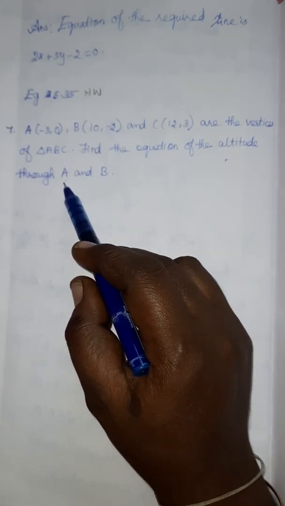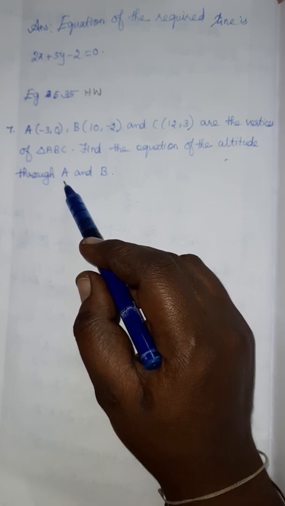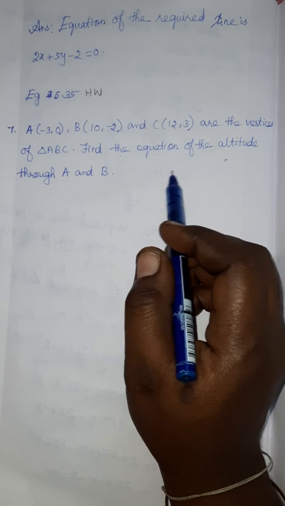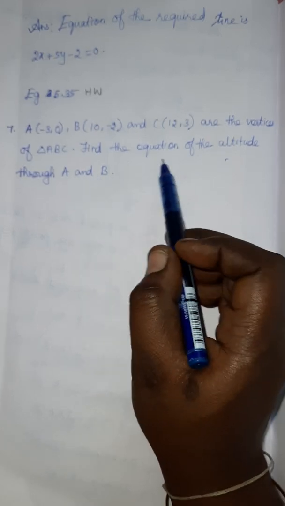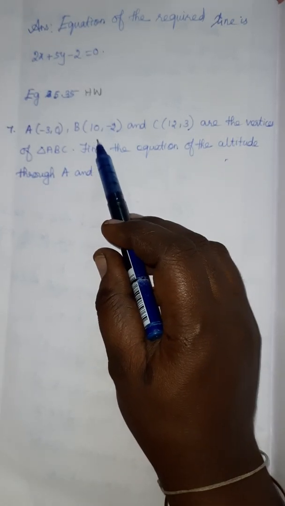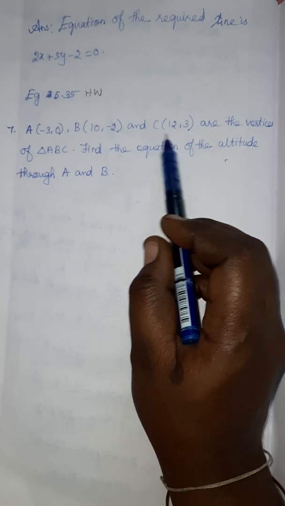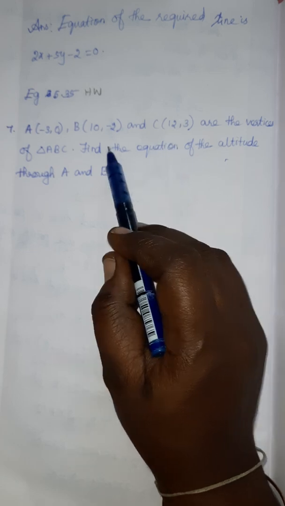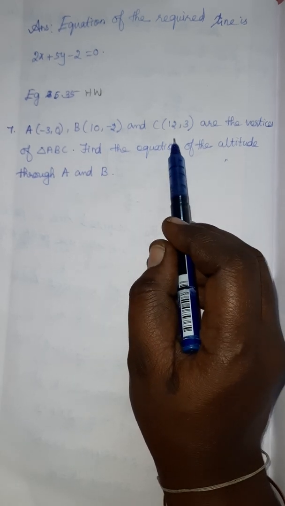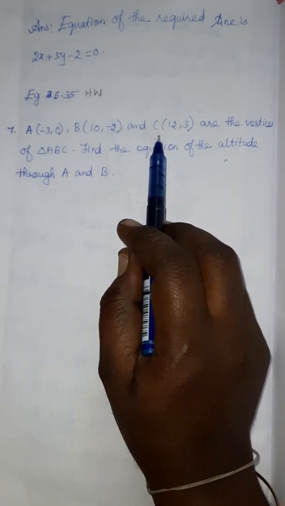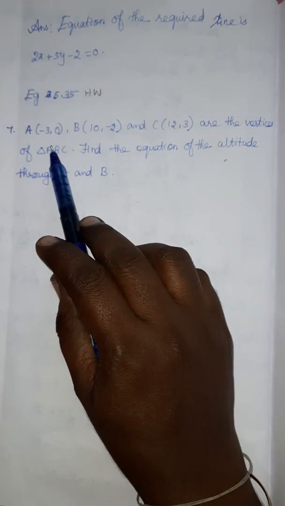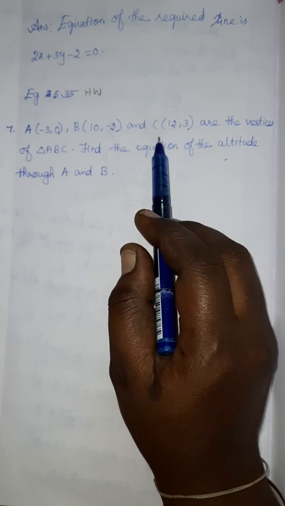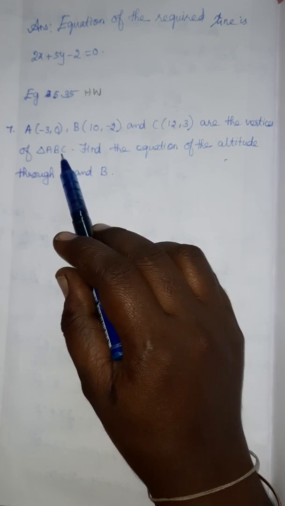Altitude means perpendicular. So through A, what is the altitude? You have to mark it and find out. That altitude is perpendicular to the opposite side BC. So you have to find the slope of BC. That slope and the slope of the altitude have a product of minus 1.